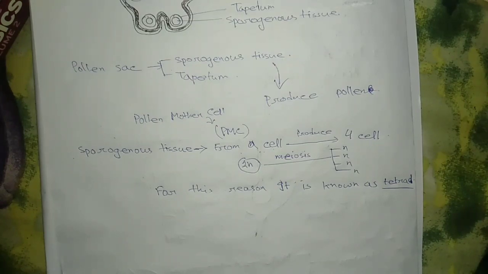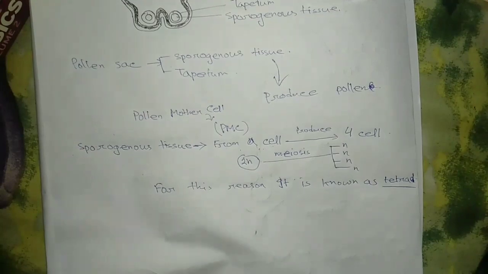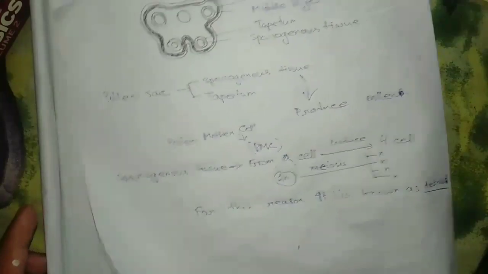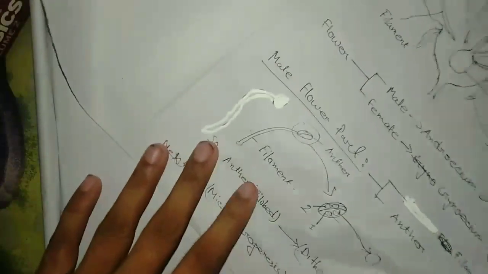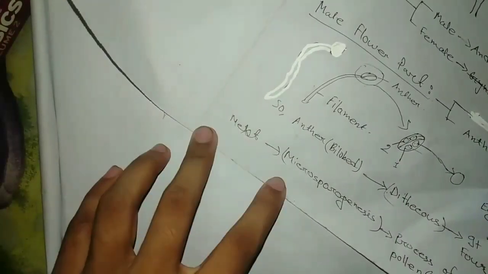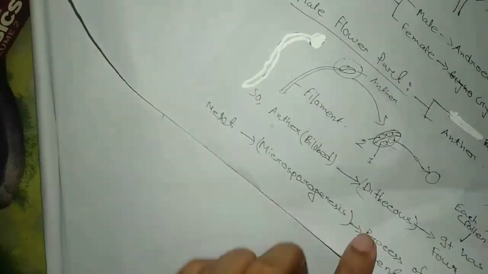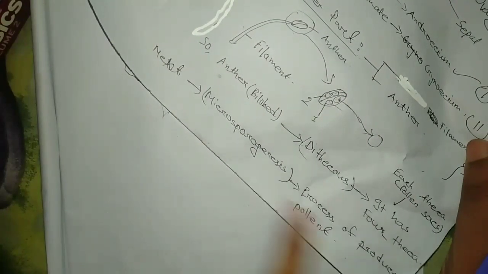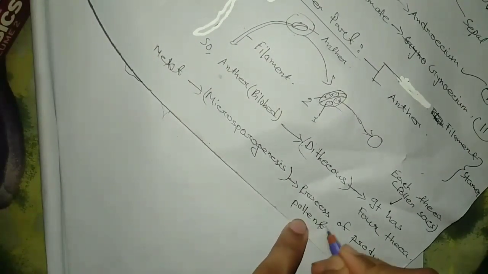This process in which pollen is produced is known as microsporogenesis, what I have told you in the first stage. Microsporogenesis is the process of producing pollen.